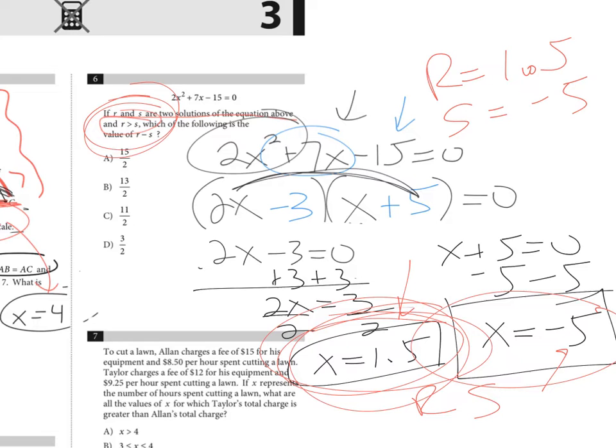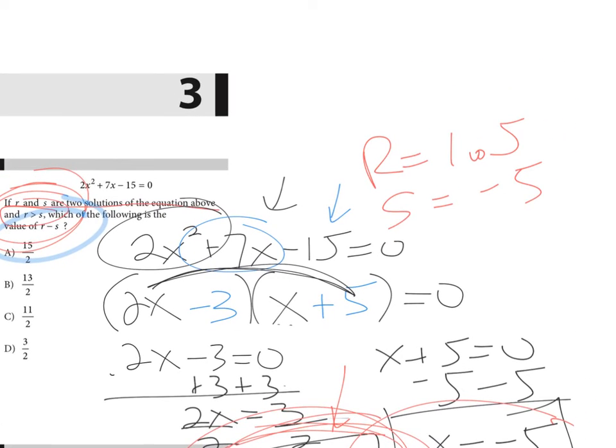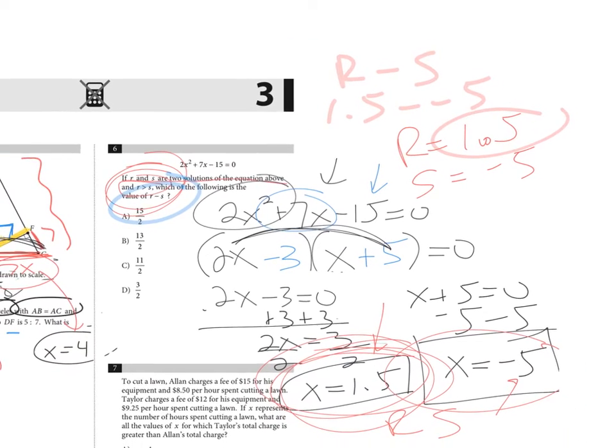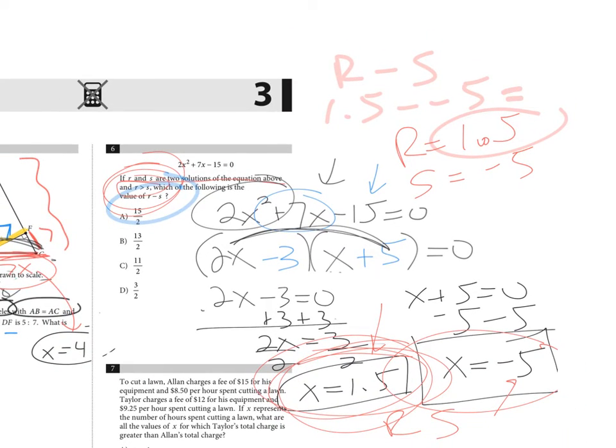Now the question says, what is the value of R minus S? So R is 1.5, S is negative 5. If I do 1.5 minus negative 5, I get a positive 6.5, which as a fraction is answer choice B, 13/2.